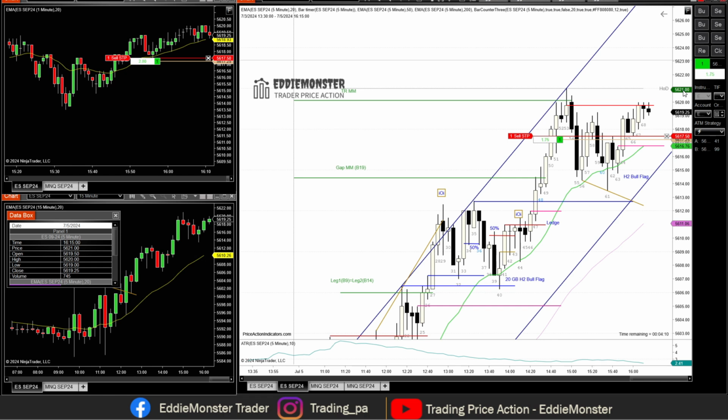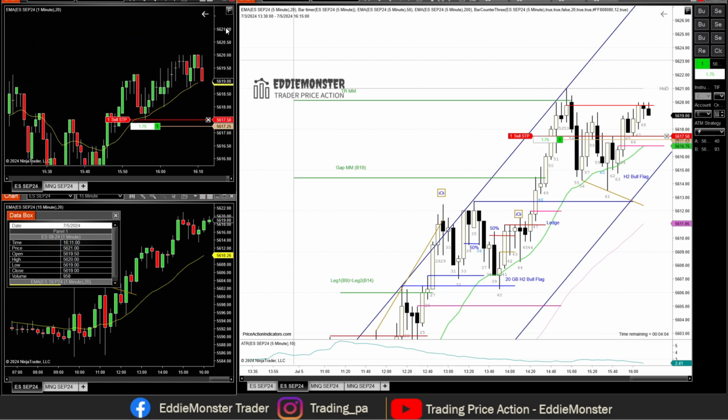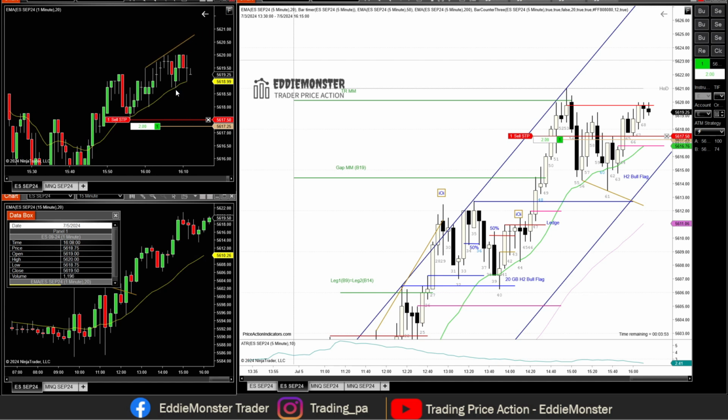Good to have the stop at break even. So we can say we have one, two, and that's going to be the third leg up probably here. So we still can have a double top in a wedge here, a wedge double top on the 1 minute.